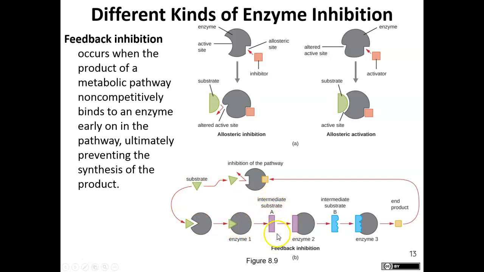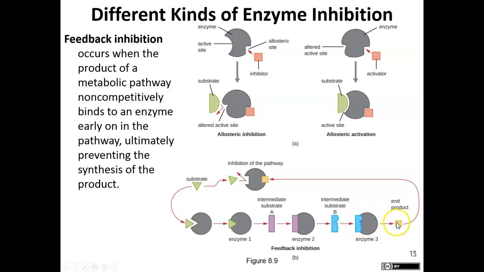This product is then the substrate for the next enzyme. Here we have another substrate binding to an enzyme, and this produces a new product. This product is now the substrate for the third enzyme. And so when this enzyme binds to its substrate, then this product is produced.